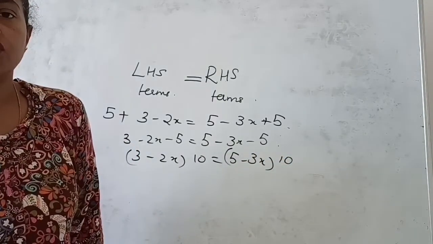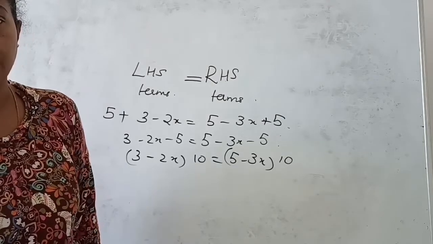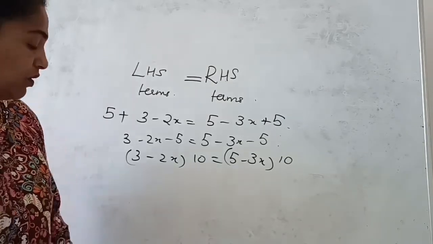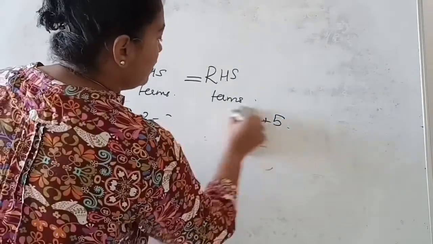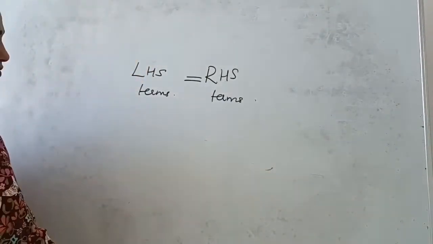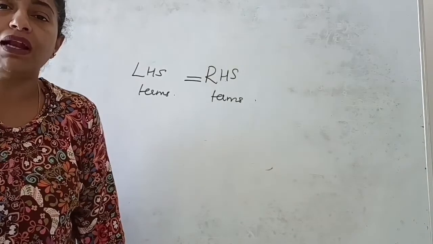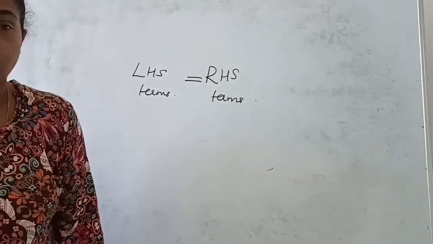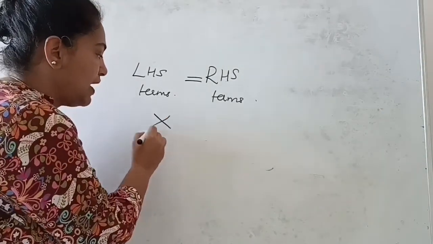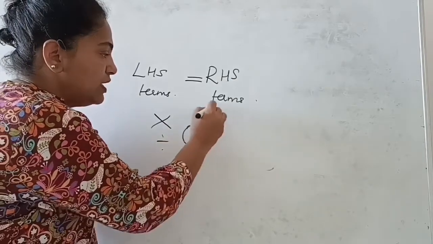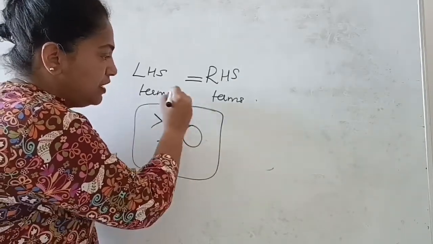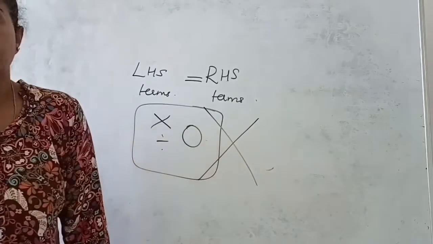I hope you have understood the first rule of how to solve the linear equation. Okay. Now, the second rule, or it is more like a warning: do not multiply or divide by a 0. Multiplication and division by a 0 is not acceptable.